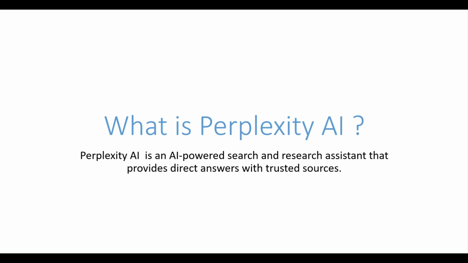So, first of all, what is Perplexity AI? Perplexity AI is an AI powered search and research assistant. Unlike a normal research engine where we get lots of website links, Perplexity gives us a direct answer along with the sources it used.